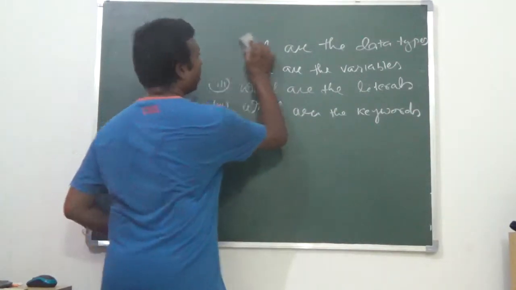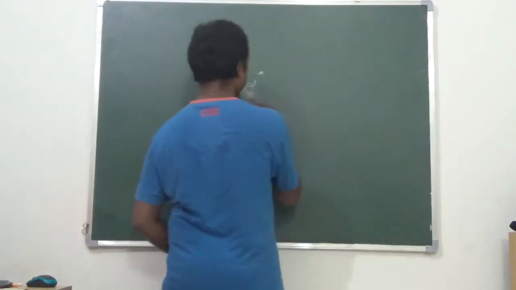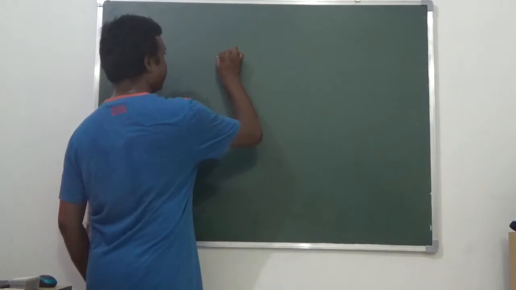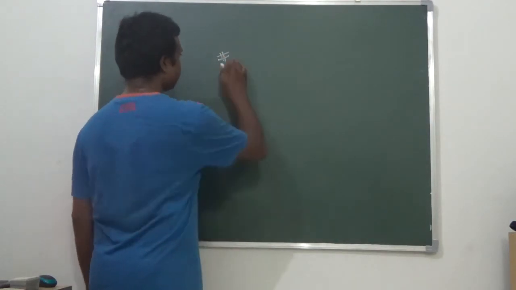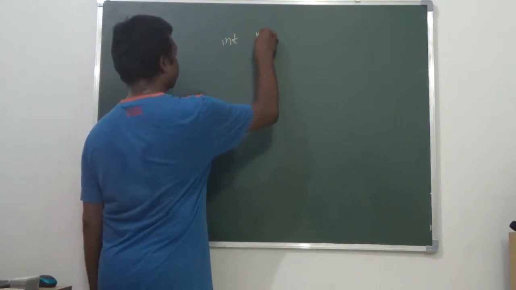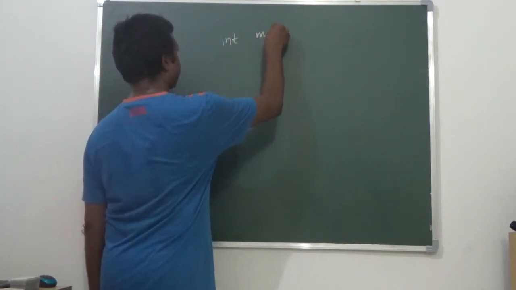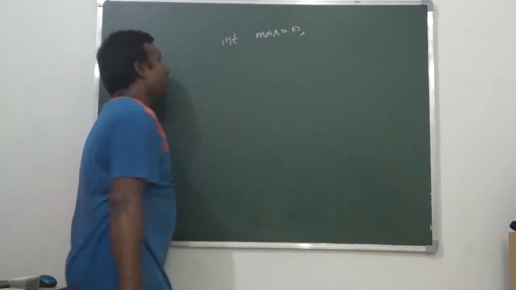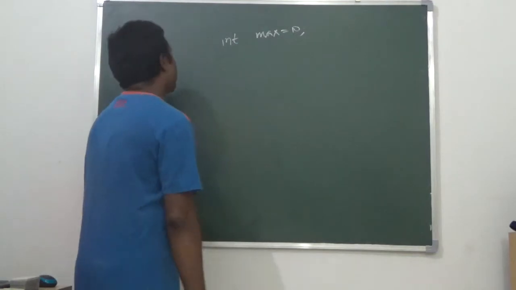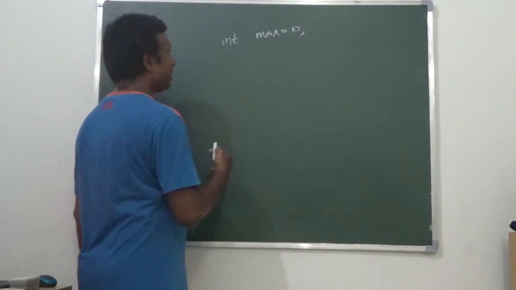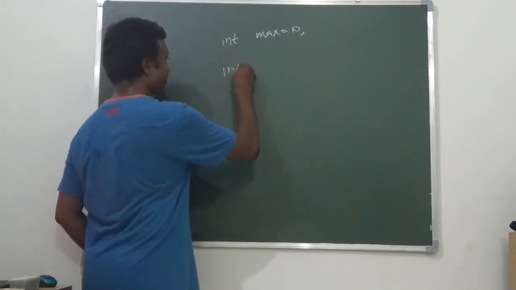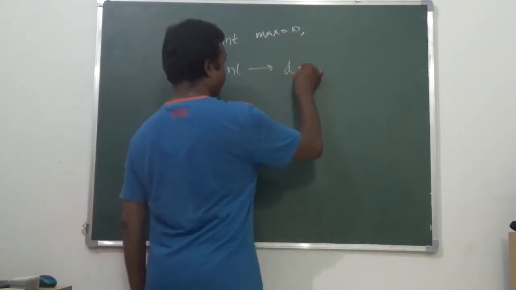Let's take an example of a token. Let us see a very simple C program: int max = 10. This is a very simple statement, possibly from a C program. What are we going to identify from this particular line? The int is a data type, and also a keyword.